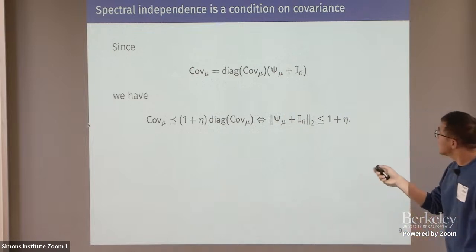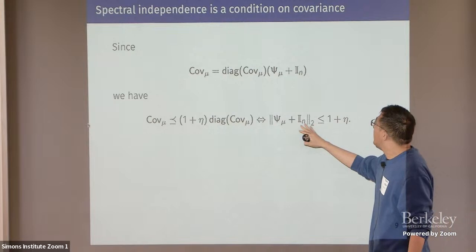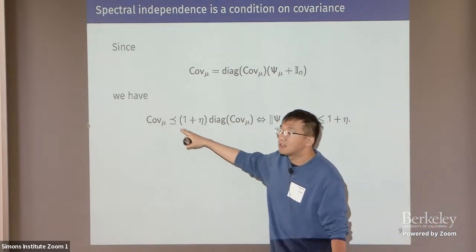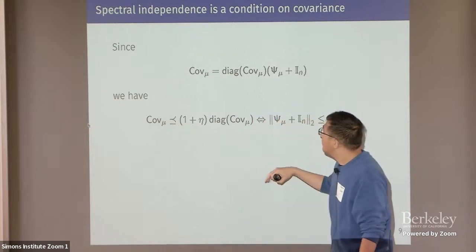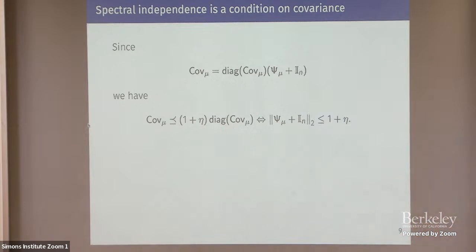So assuming that this pairwise influence matrix has a spectral norm bounded by eta is roughly equivalent to assuming that the covariance of the measure is bounded by 1 plus eta times the diagonal of the covariance of the measure.